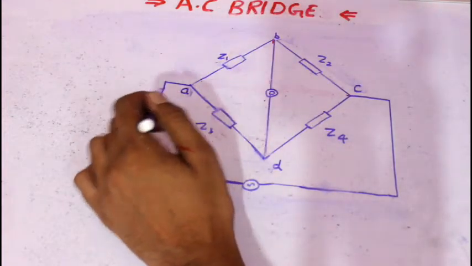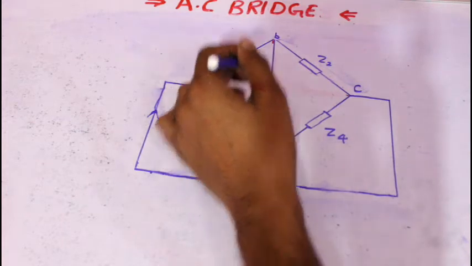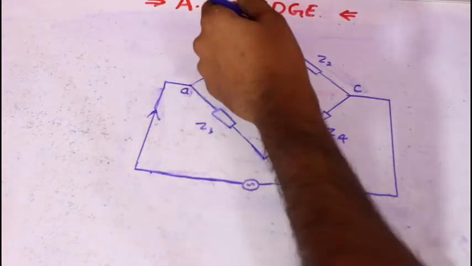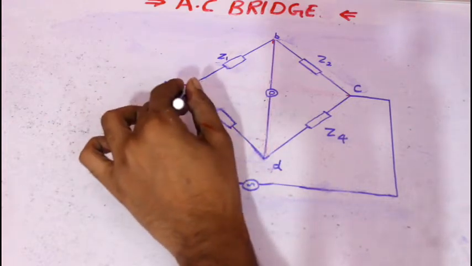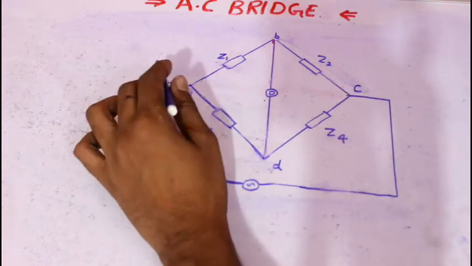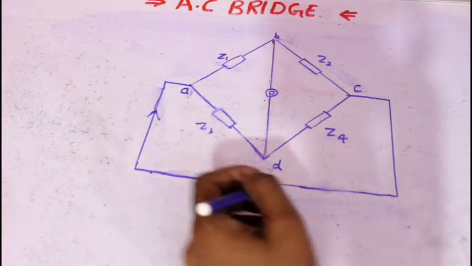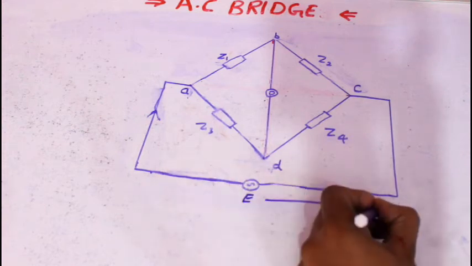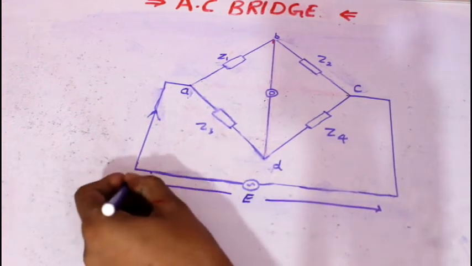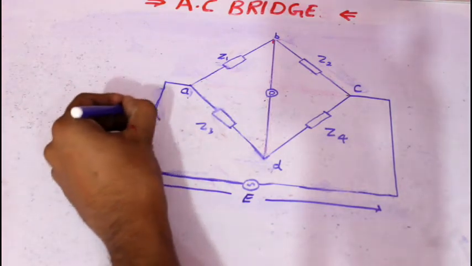A detector is connected between the points B and D, and between the points A and C we have the AC voltage source. Suppose it provides EMF E, and I is the current flowing in this circuit.